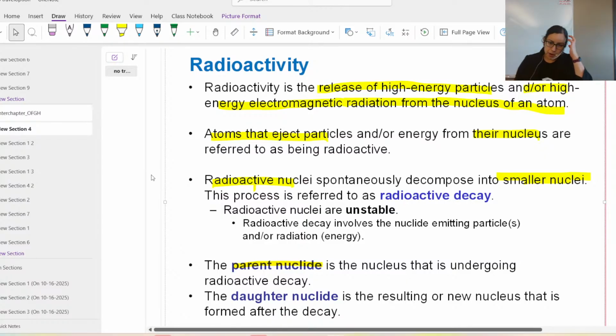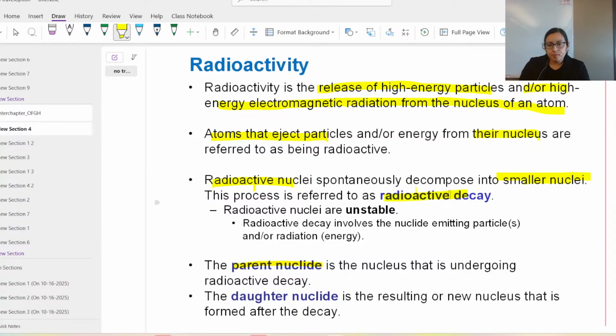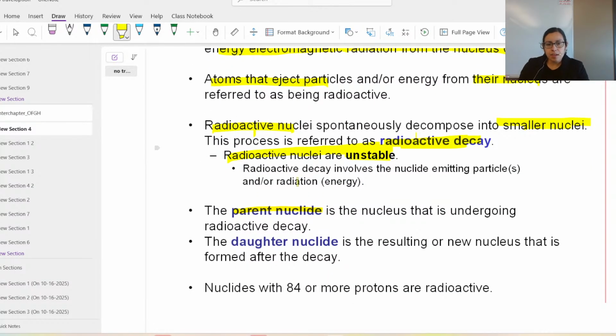We'll go back to our radioactivity lab and quantify that. And so that's our radioactive decay process. Again, these nuclei are unstable. And part of this radioactive decay also involves emitting particles in the form of energy.